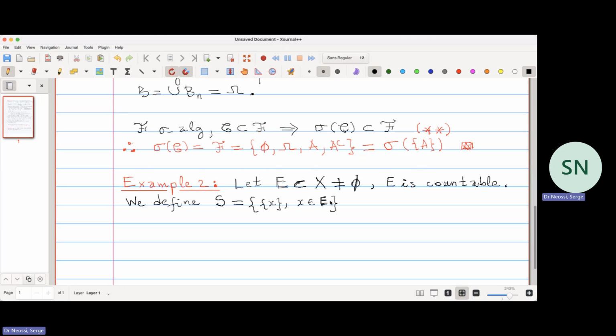So actually, this S is a collection of sets. It is a subset of the power set of E. Okay, so that's what we have. So this is a collection of subsets of E.